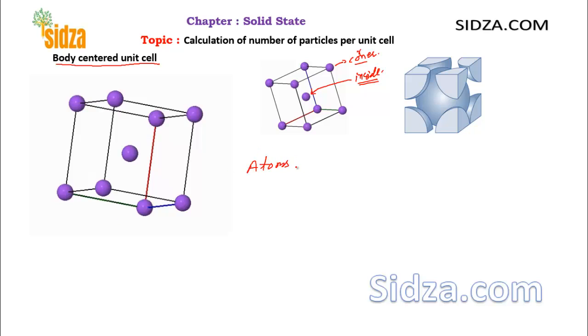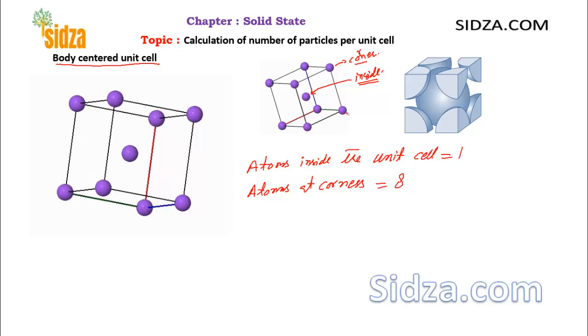So atoms inside the unit cell is 1. Atoms at corners, we have 8.